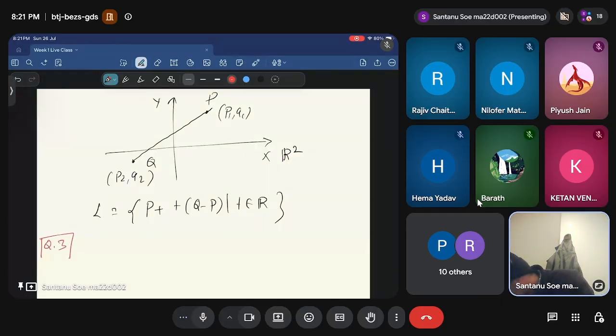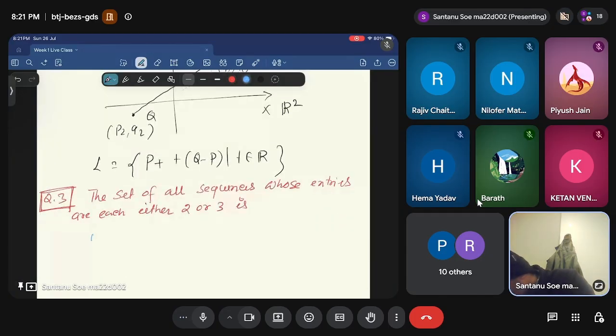Question number 3. The set of all sequences whose entries are each either 2 or 3 is: countable.